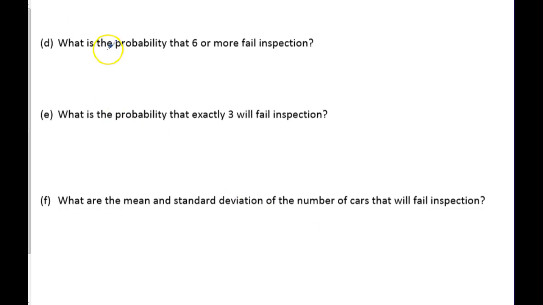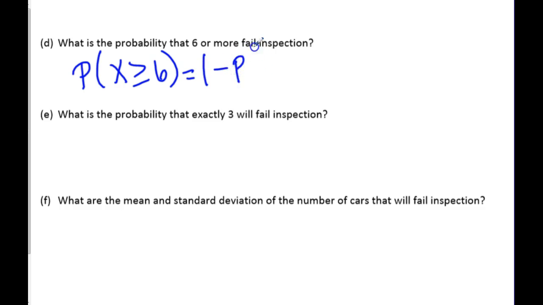The next one says, what is the probability that 6 or more fail? So we're looking at the probability X is greater than or equal to 6. Notice that this includes the 6, so we have to rewrite this. I want 1 minus the probability of X less than or equal to 5.